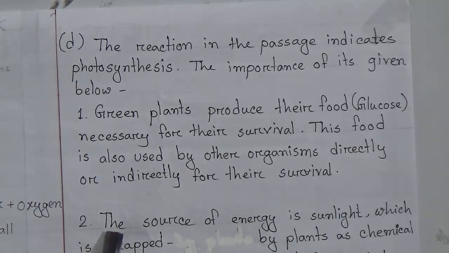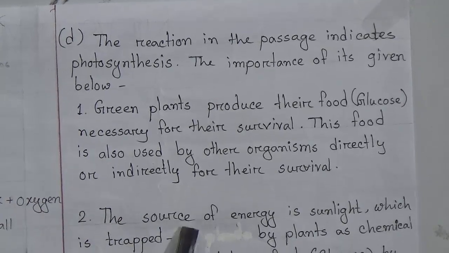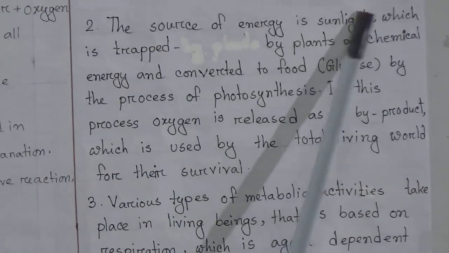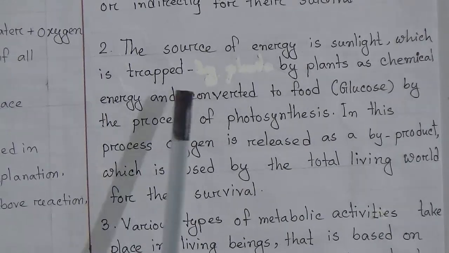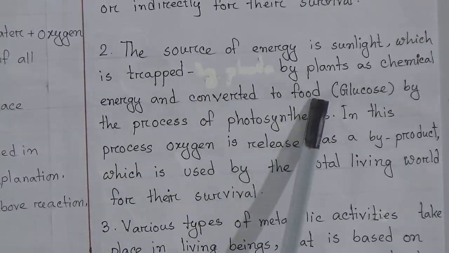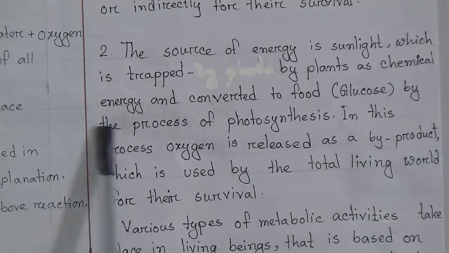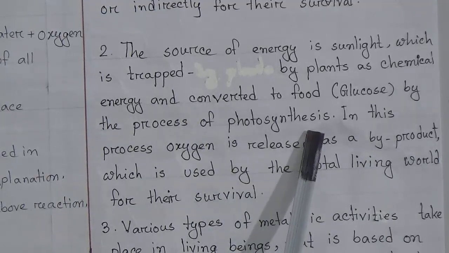Our second importance is, the source of energy is sunlight, which is trapped by plants as chemical energy and converted to food, that means glucose, by the process of photosynthesis.